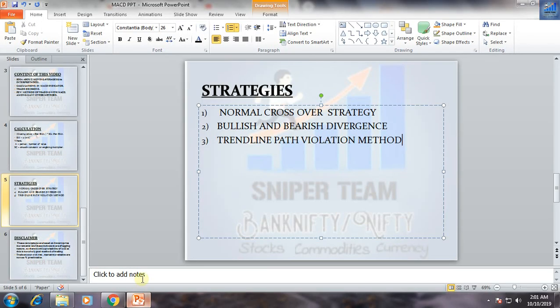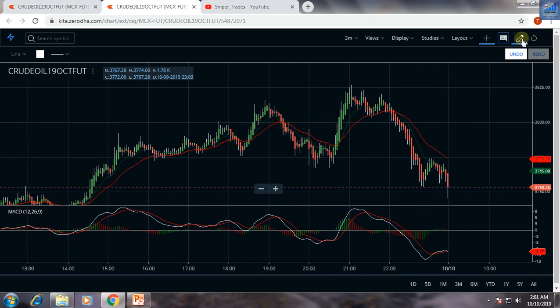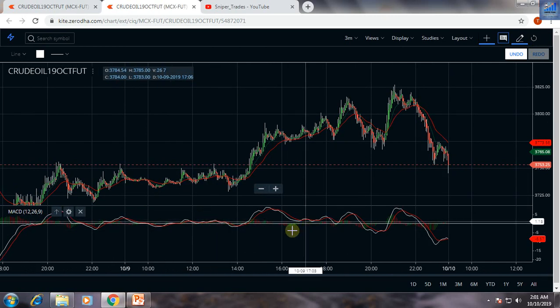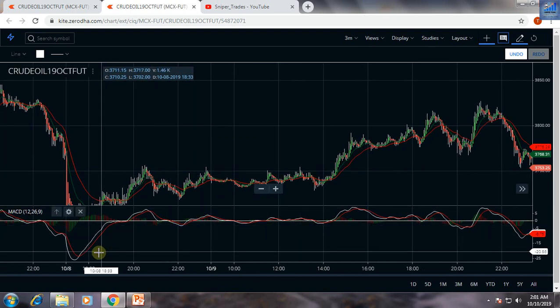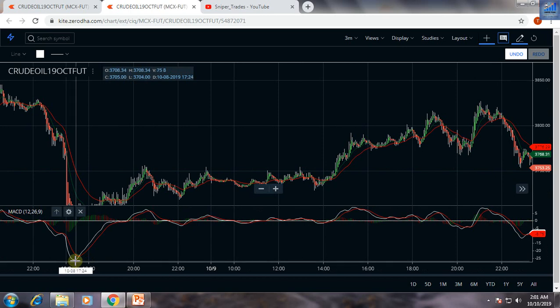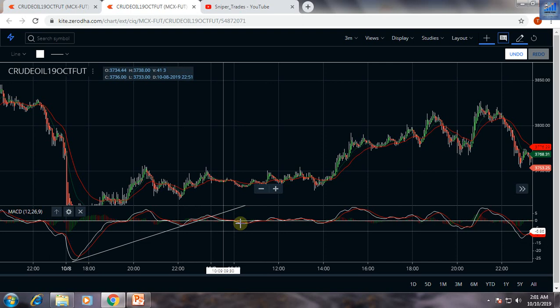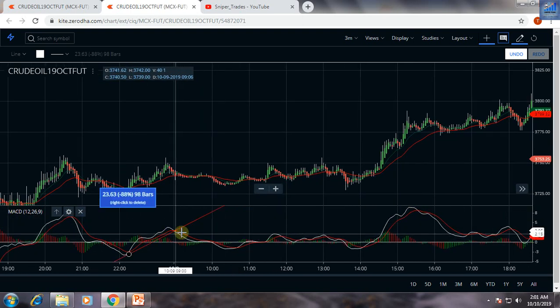And also one more method is there, one small method. We can just draw trend lines here at higher high and lower high, and lower highs and higher lows. Likewise, as we can see, we can join this particular low and this higher low, and whenever the MACD line is crossing below this trend line support, we can consider a short position.